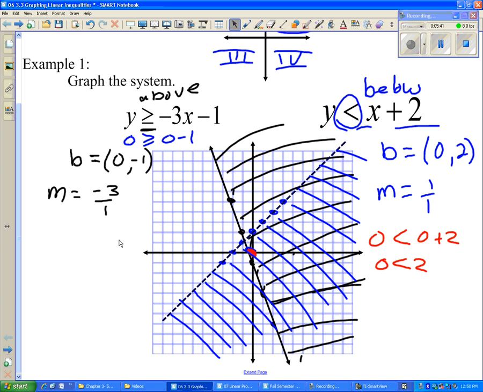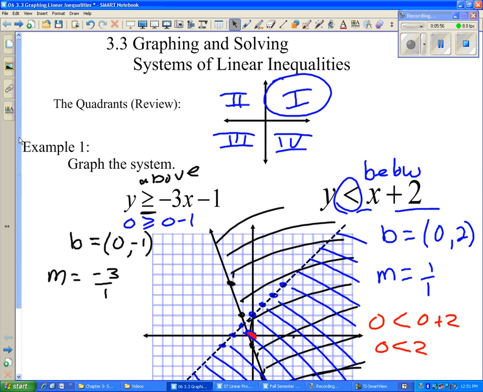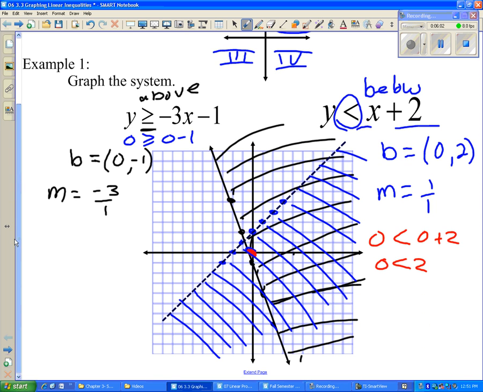I get a region that is shaded twice. This doubly shaded region is the answer to my inequality, because I want the area that is shaded. Since I'm working with a system, I want the area that is shaded by both of these.